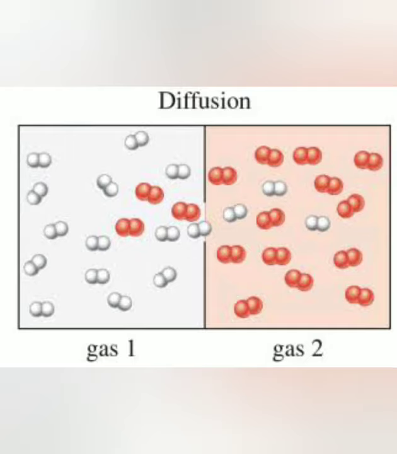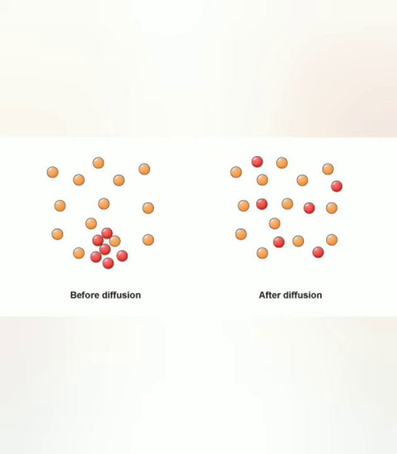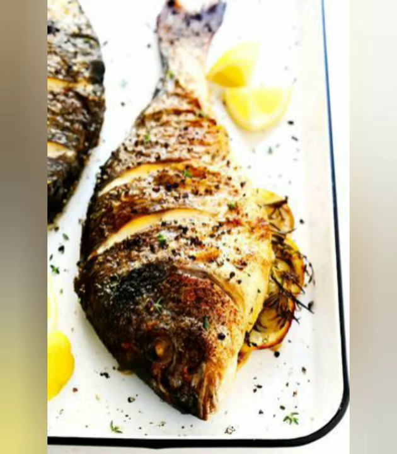For example, the smell of food, particularly of fish being cooked in the kitchen, spreads all over our lobby and even into different rooms because of diffusion. The food particles with specific smell diffuse into the air.